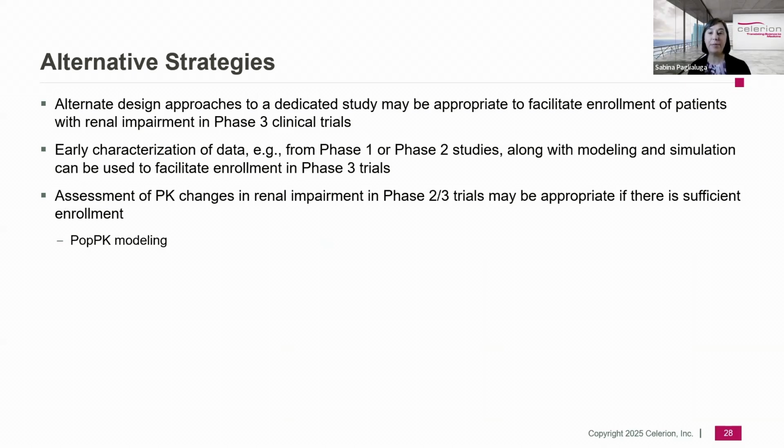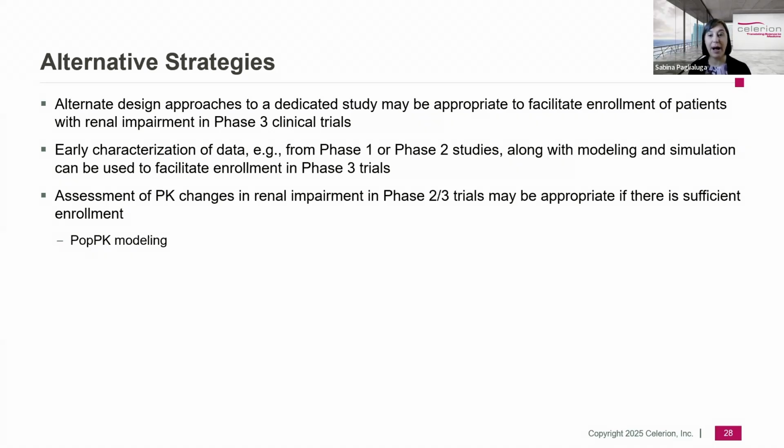Now, an alternative approach to running a dedicated renal impairment PK study is to model the data. eGFR can be determined in phase 1 and phase 2 studies, and then modeling and simulation can be applied to get an understanding of how this could potentially affect patients going into your phase 3 trial.